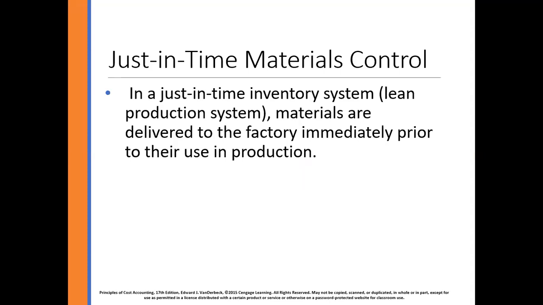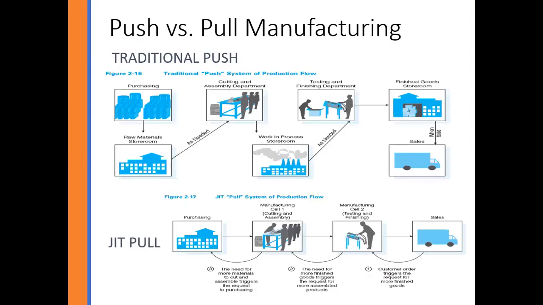Essentially, the materials would be delivered basically as soon as we need them, right? So, as you can imagine, it requires an incredible amount of cooperation between vendors and suppliers to make sure that materials are there right when we need them, right?